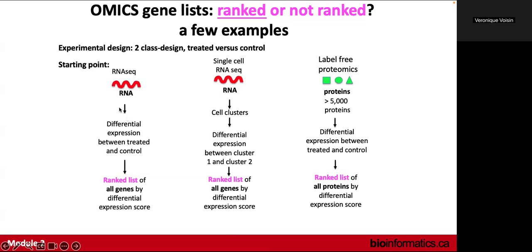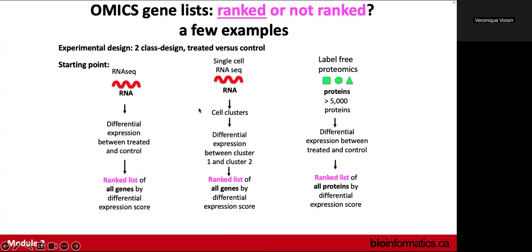The first one is bulk RNA-seq. We calculate differential gene expression between our two conditions, let's say treated versus control. We rank all genes using the differential expression score from top upregulated to top downregulated. The second example is single cell data.